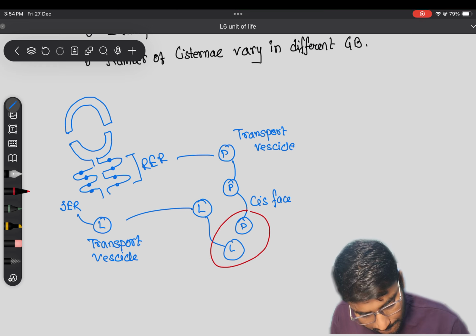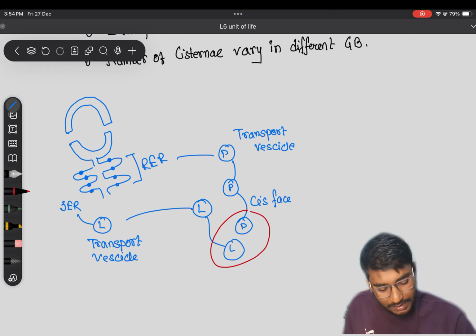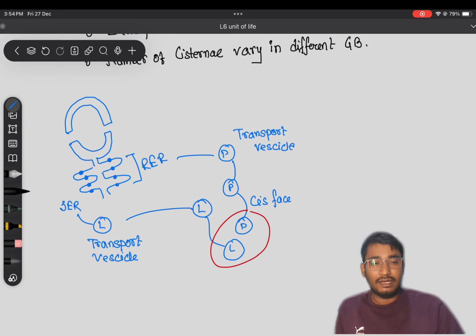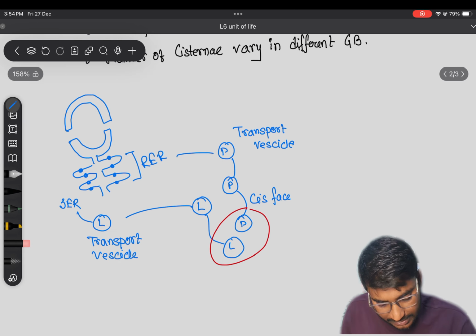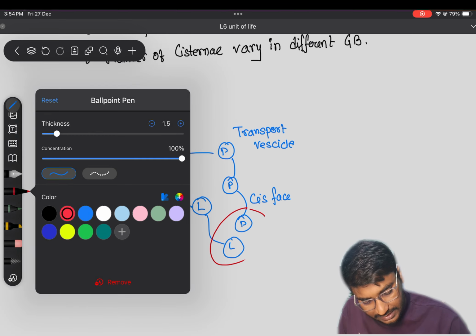Now this lipid and the protein, L and P, the lipid and the protein form cisternae.